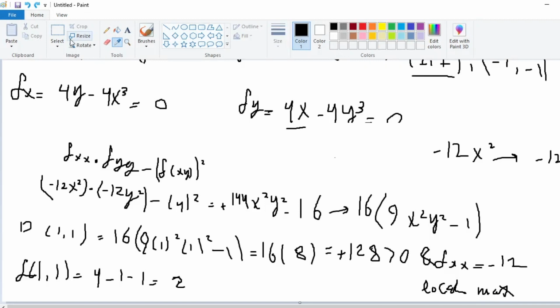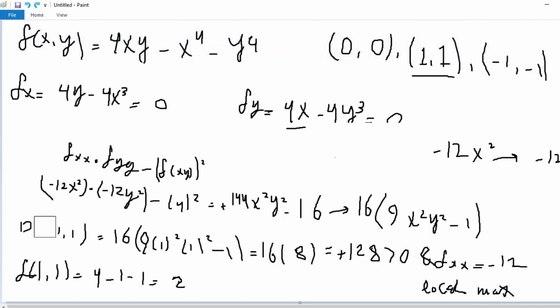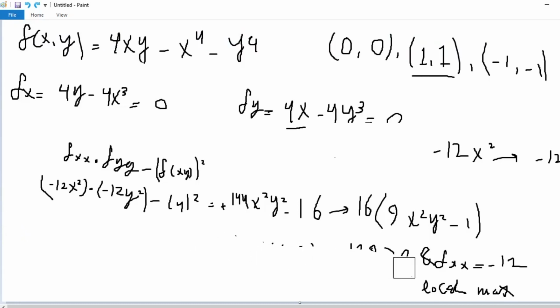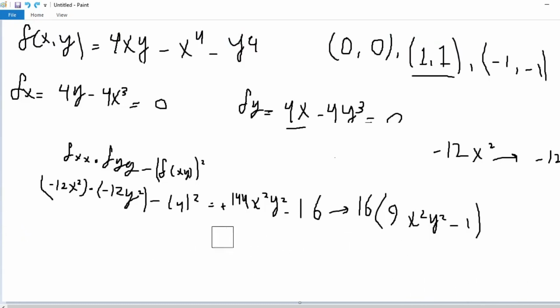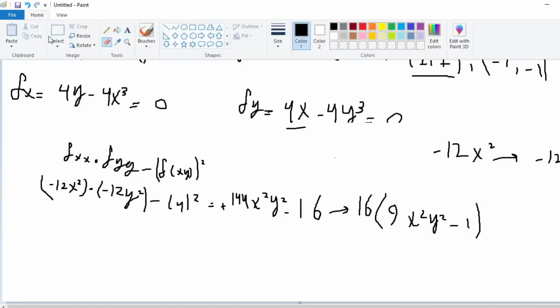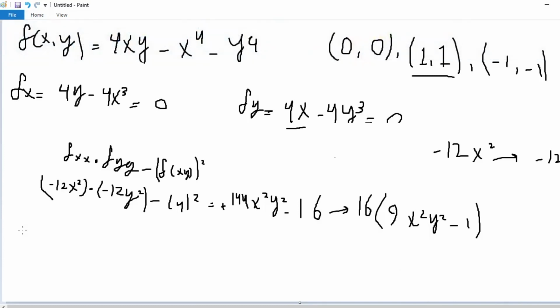The last critical point is D at (negative 1, negative 1).